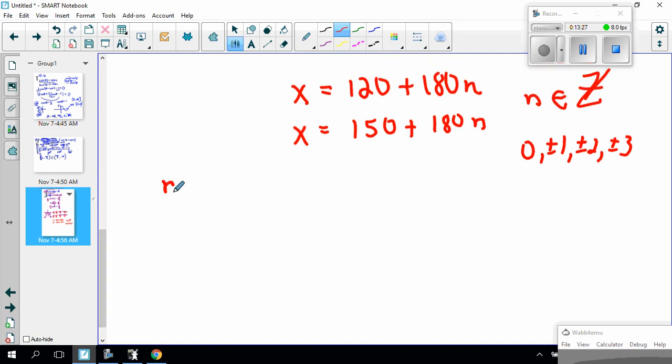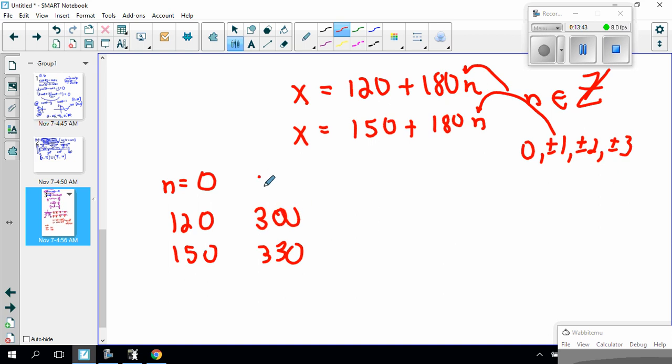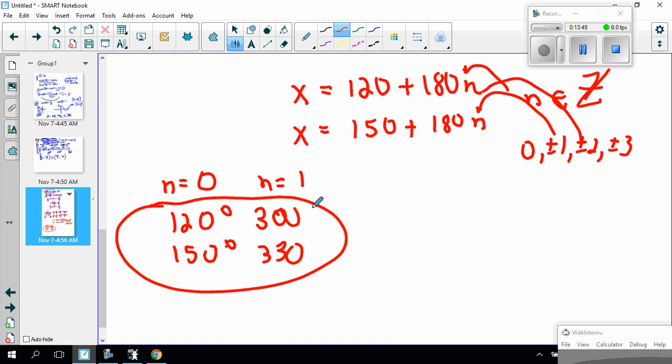So you let n equal 0. Then you get 120, 150. Let n be 1. So 150 plus 180 is 330, and 300. Let n be 2, and it's over 360, so those are your 4 answers, except somebody may want radians.